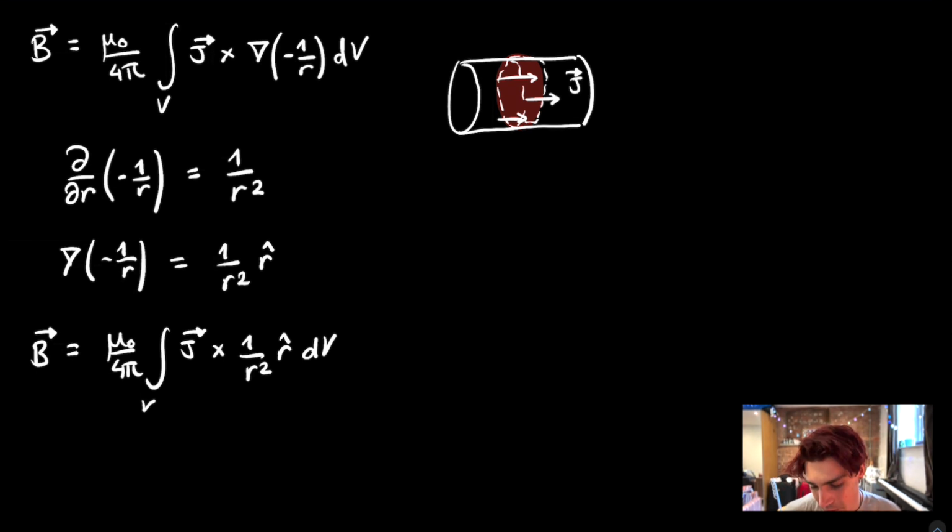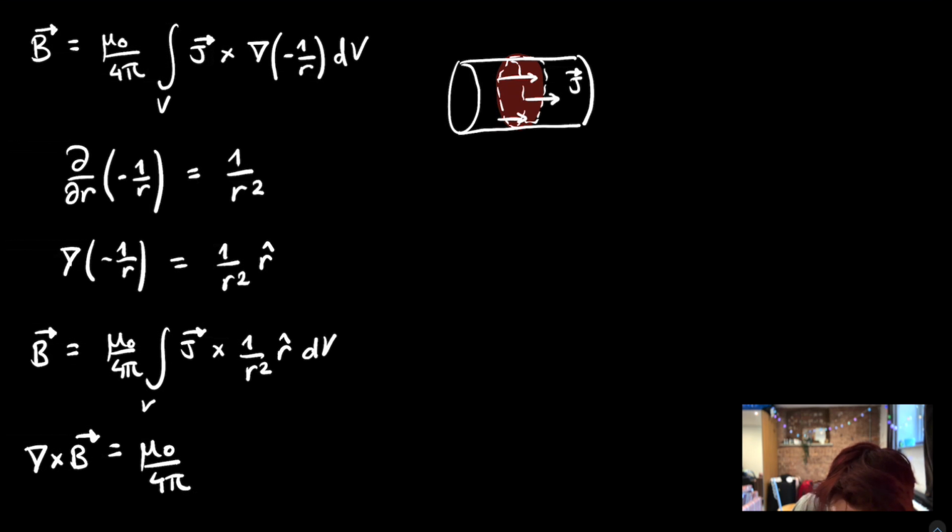Whereas before we took the divergence of both sides, we're now going to take the curl of both sides of this equation and see what we get. So let's take the curl of B. We have curl of B is equal to our constants, mu naught divided by 4 pi.